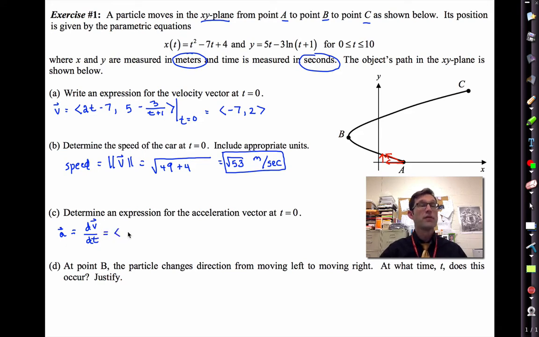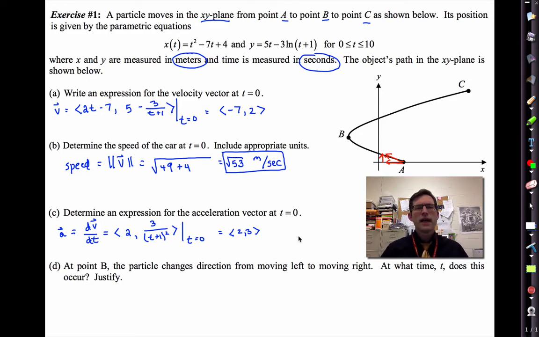If I take the derivative of the x component of velocity, we'll get a nice constant, which is 2. The derivative of the y component is a little bit trickier, but that would be 3 divided by t plus 1 quantity squared, using the power rule or the quotient rule. Specifically at t equals 0, that ends up just being the vector 2, 3. Very simple.